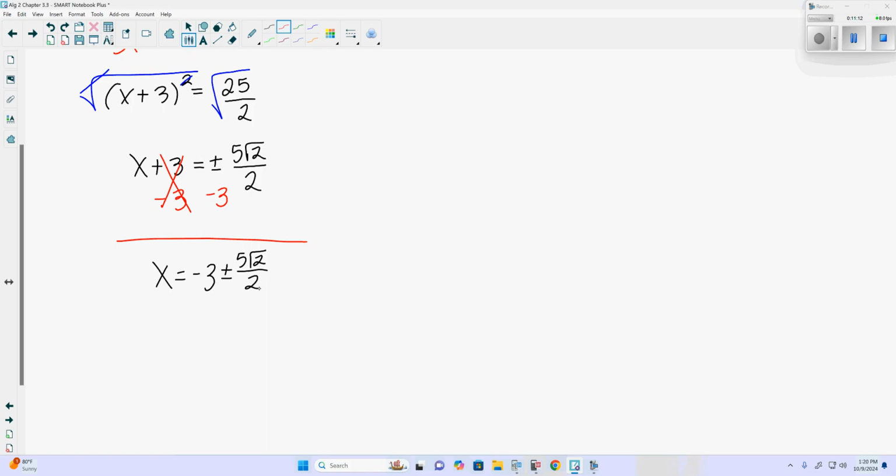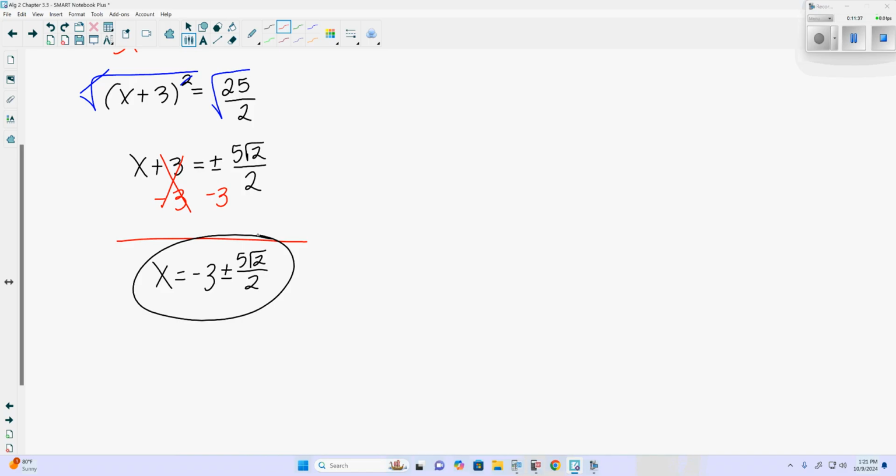Now, because of the square root of 2 attached to our other term, this is the final answer, because negative 3 and our 5 square roots of 2 over 2 are not like terms, because the square root of 2 is technically an irrational number, a non-repeating, non-terminating decimal. So this here is the final answer.